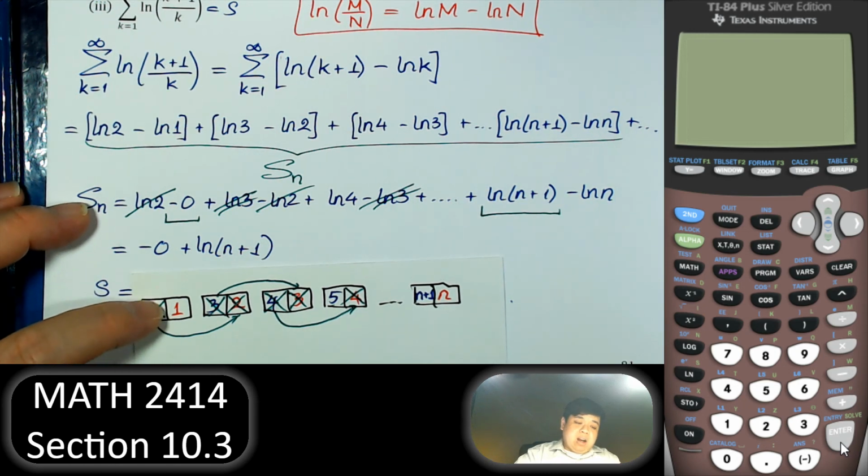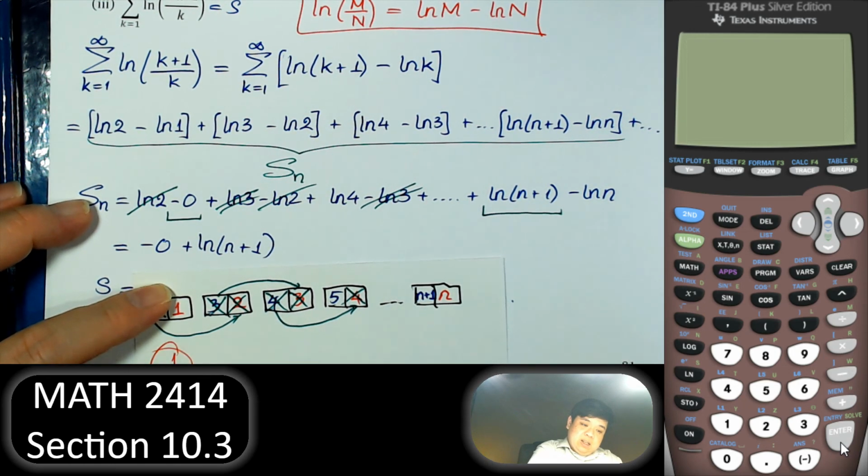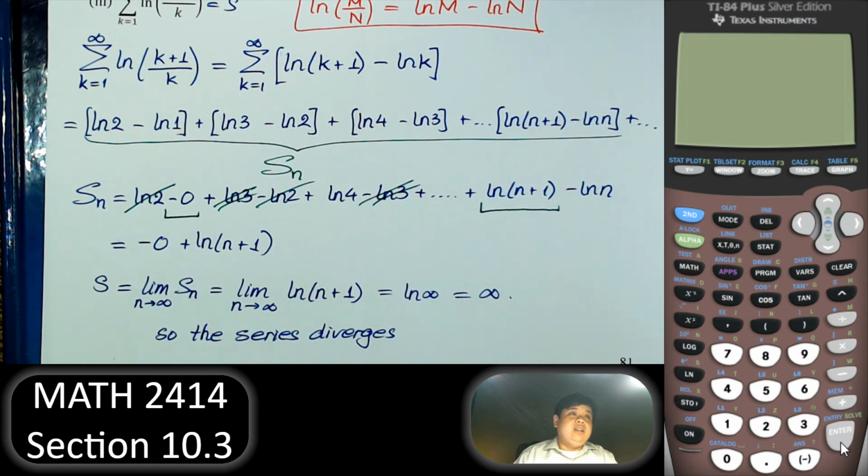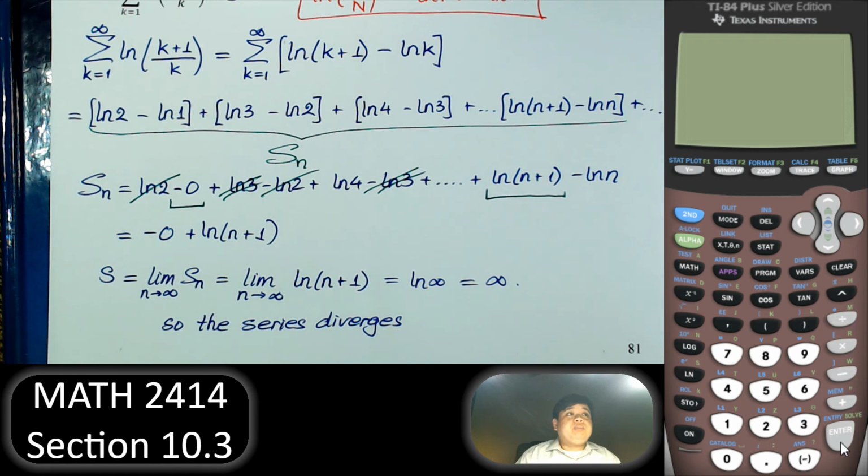We have 1 minus from the beginning, so we are left with 1 plus on the back to keep things balanced. That's why we end up with that. And the limit of ln of n as n goes to infinity, ln of infinity, is infinity. So that's why the series diverges.